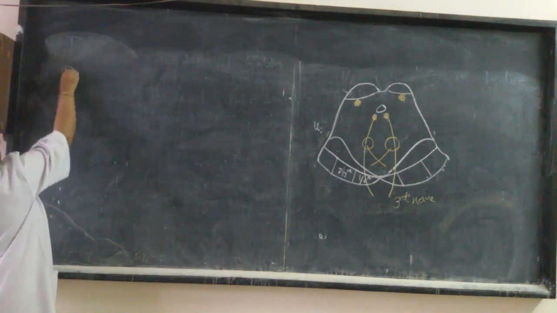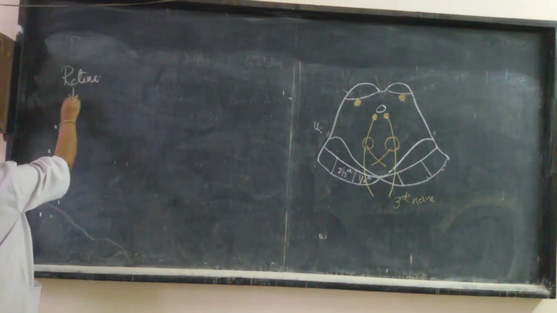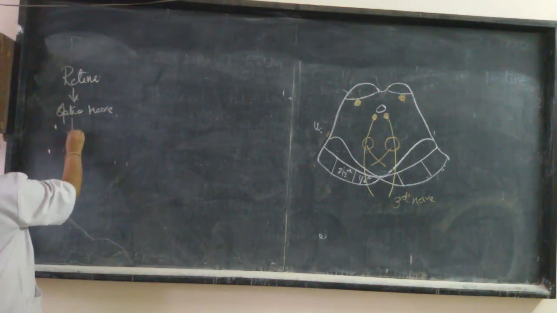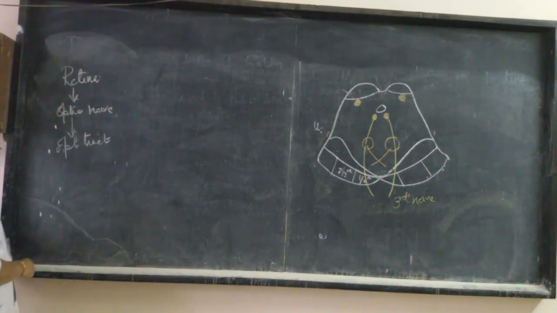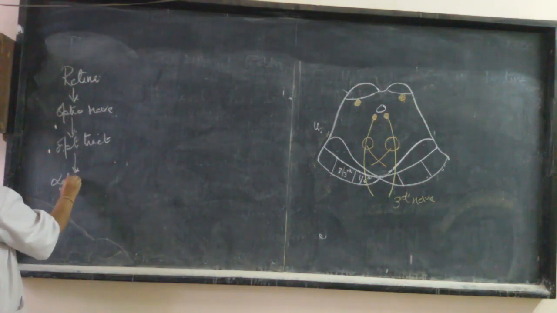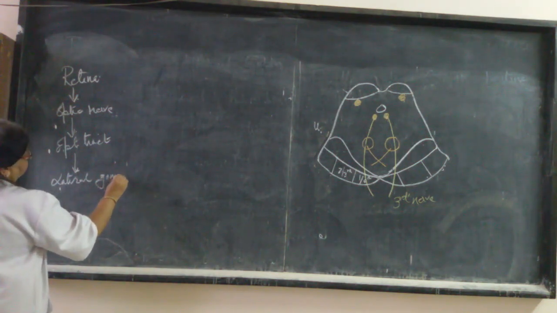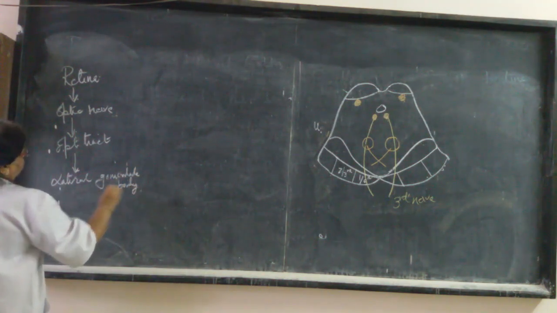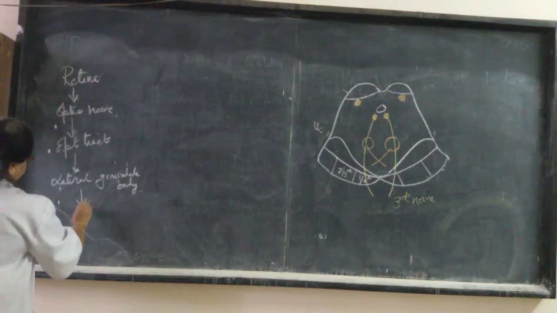This starts from the retina, then through the optic nerve, goes to the optic tract, then to the lateral geniculate body, and from the lateral geniculate body, fibers of the optic radiation start.